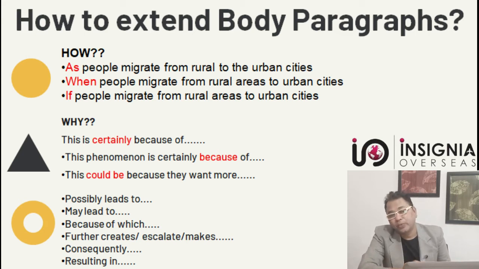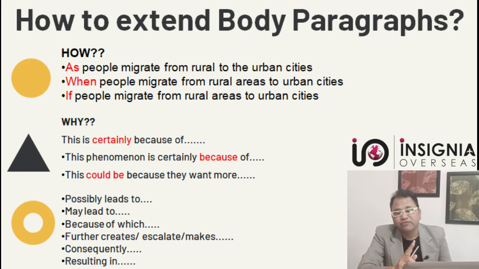I have done a separate video on how to write an apt and appropriate example. You can refer to that. So in this part of the BP, you have to give an example. Please understand that you should never end your body para with an example. Example is just a way to support your main idea, and it is a part of the supporting idea. So never end your body paragraph with an example.